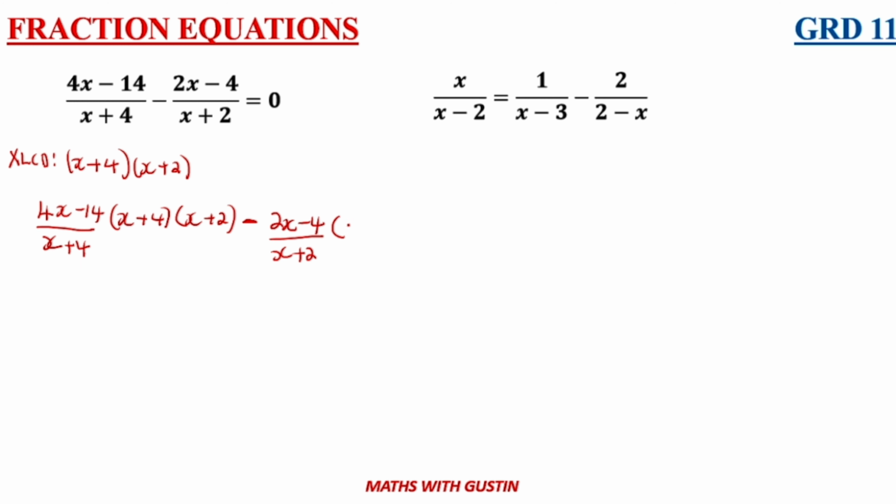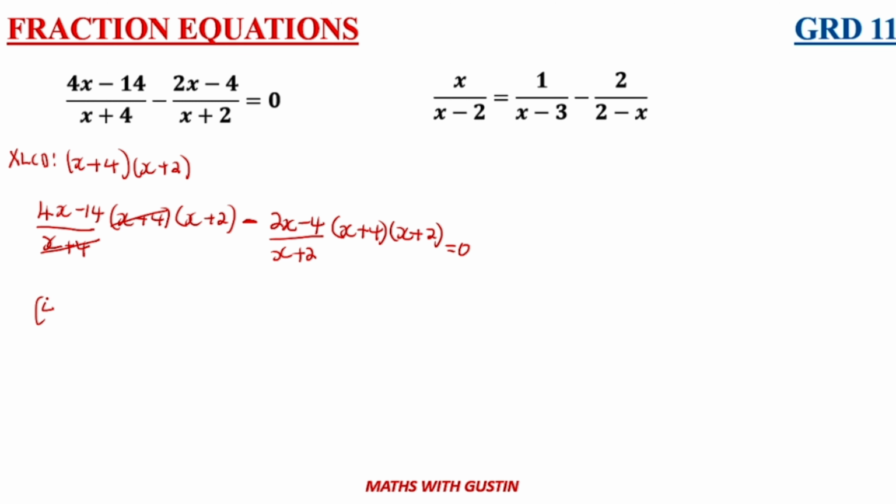Then we multiply everything by an LCD, x plus 4 and then x plus 2, is equal to 0. I don't think there's any need to multiply 0 because we know that it's going to be 0 anyway. All right, so in this case here, we are going to say this times that, and then x plus 4 will cancel with x plus 4.